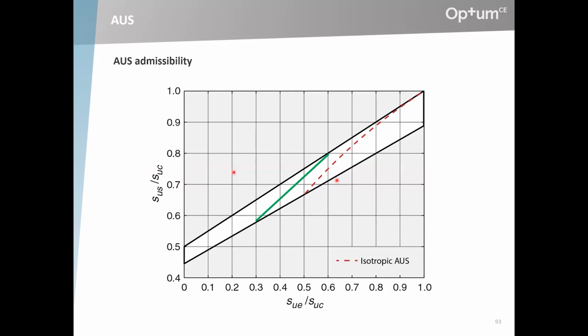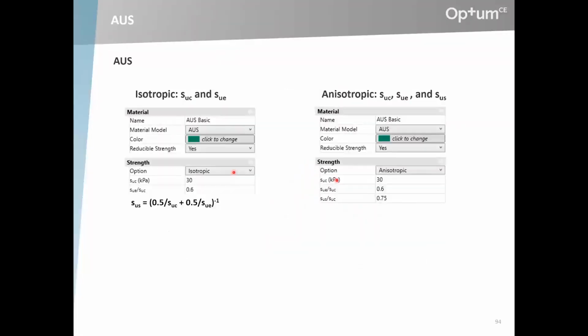So this is quite useful in cases where you have very low extension to compression ratios, or alternatively in cases where you're lucky enough to have all three sets of test data available: compression, extension, and simple shear. But the model also comes in an isotropic version, which just requires extension and compression.